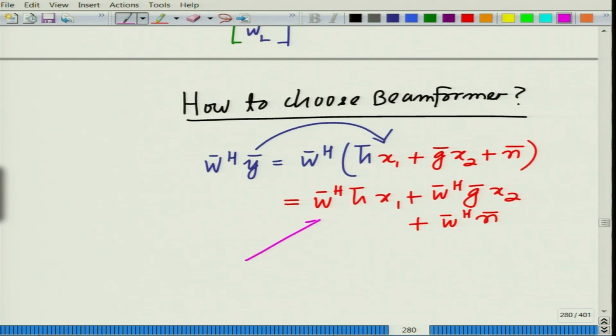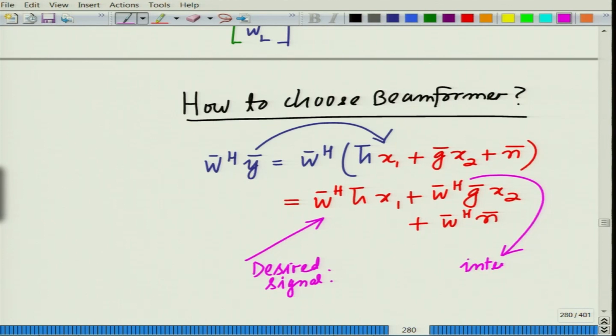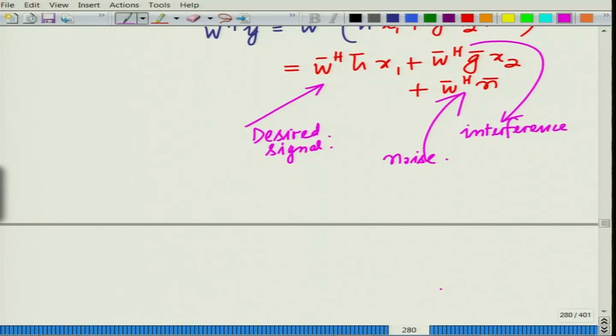and now there are three components. One is the desired signal, the other is the interference, and this is the noise. Okay. And we want to maximize the signal to interference plus noise ratio. What we will do is we will start with the desired signal.